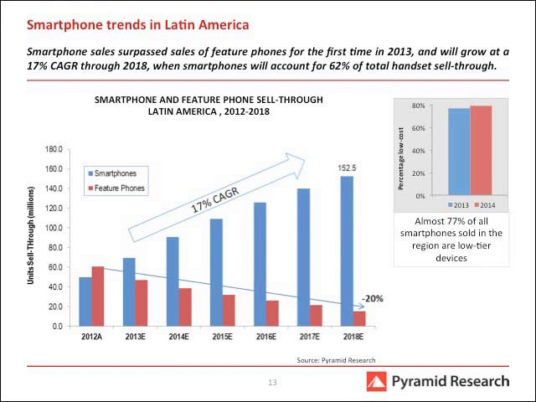Going forward, Pyramid projects that smartphone sales in the region will triple by 2018 compared to 2012 levels. This year alone, we will see a 20 million sales increase driven mainly by 3 factors: the proliferation of lower-cost device options, the increase in aggressive mobile internet offers, and the higher popularity and demand for mobile data applications among all user segments.